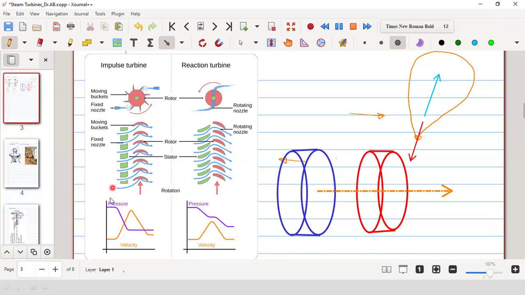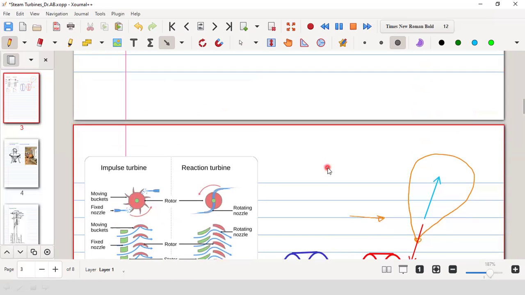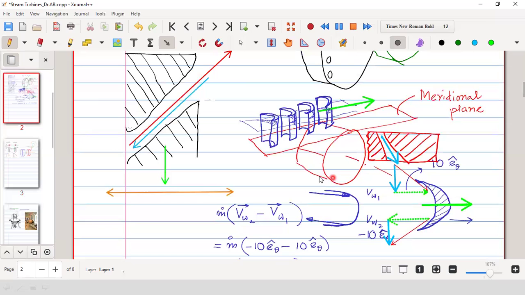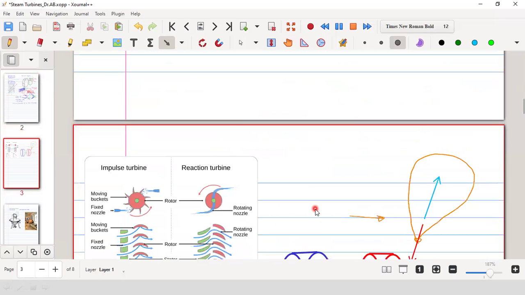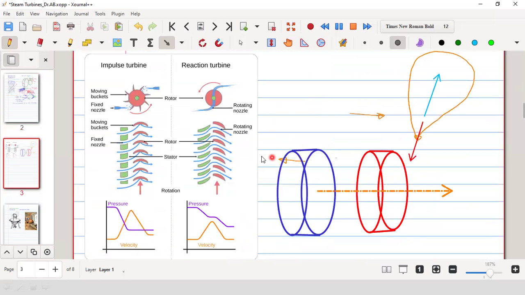This diagram is drawn on the meridional plane. What is that meridional plane? In the last class I discussed, this is parallel to, tangential to, the curved surface of the cylinder. Everything we are drawing is on the plane tangential to the curved surface.